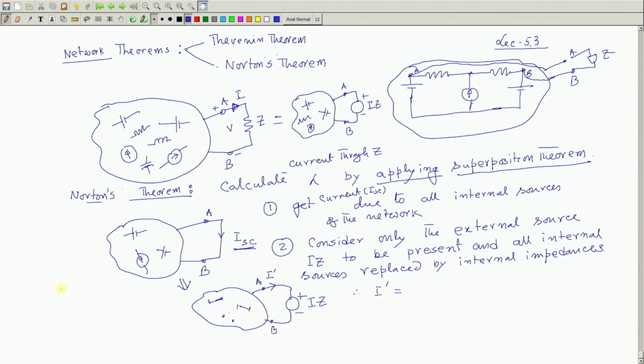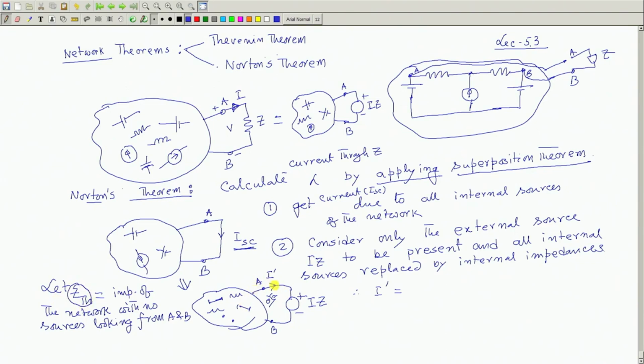Let that impedance, looking into the network, be called Z Thevenin. It is the impedance of the network with no sources, looking from points A and B. Because there are impedances connected in a fashion, find out the equivalent resistance, and that impedance I am calling Z Thevenin.